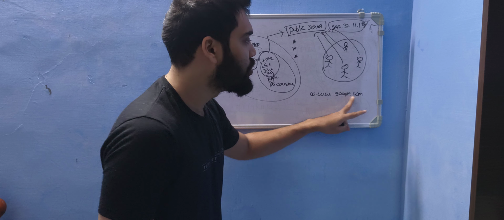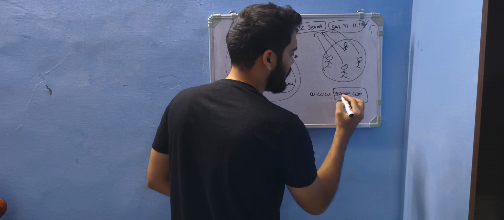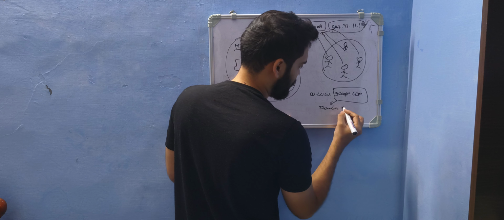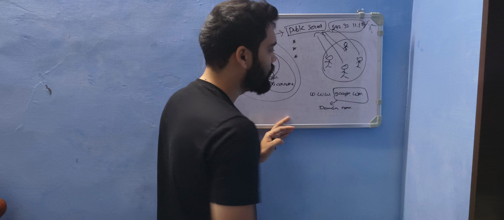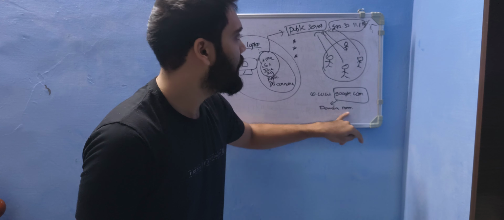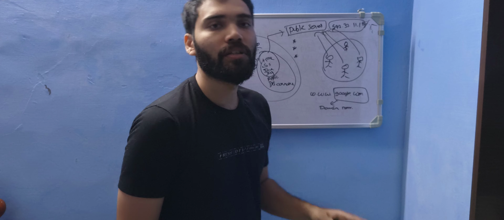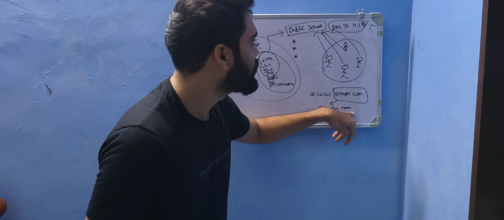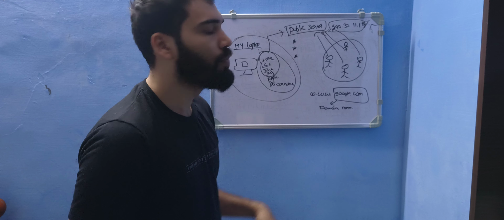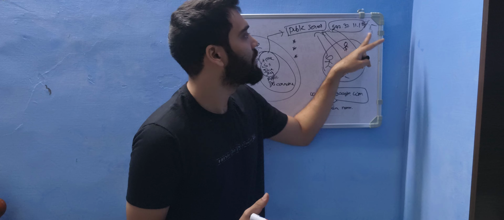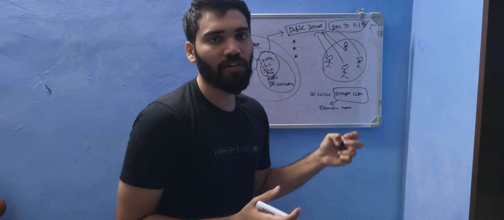This is a domain name, but the domain name and the public server IP both point to the same thing. We are just giving the values to the public server IP. We can't remember these numbers and type them into our browser, right?